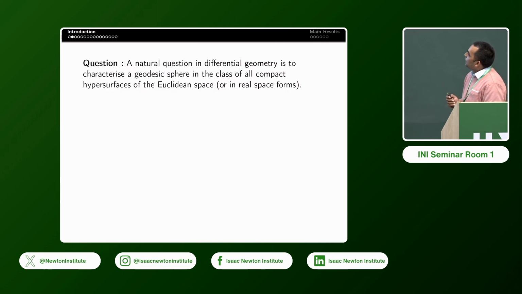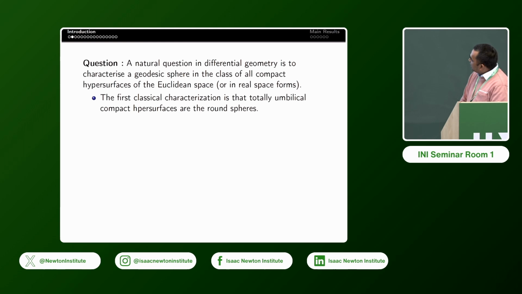Now, a natural question in differential geometry is to characterize geodesic spheres in the class of all compact hypersurfaces of Euclidean space, or more generally in space forms like hyperbolic space or the sphere. The first classical characterization is that totally umbilical compact hypersurfaces are round spheres.